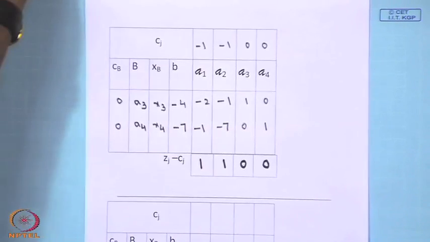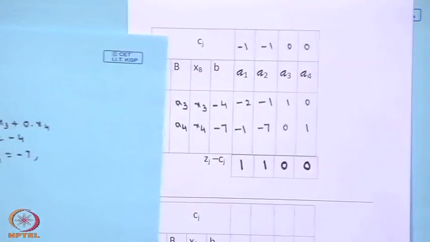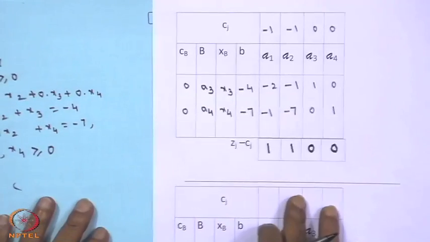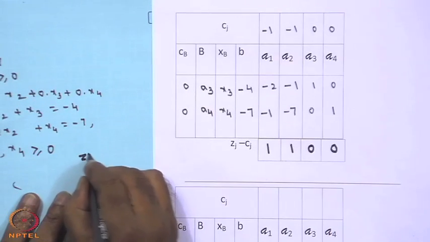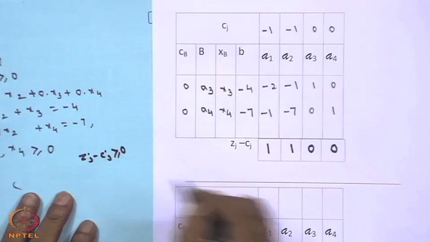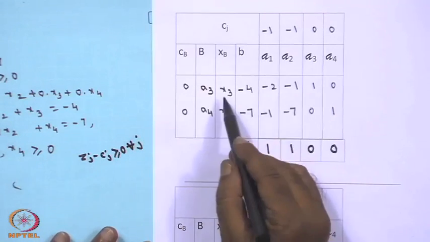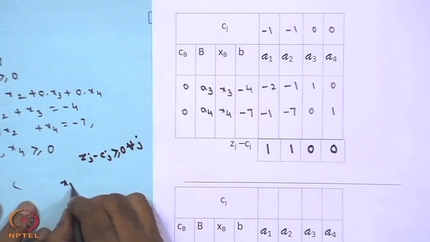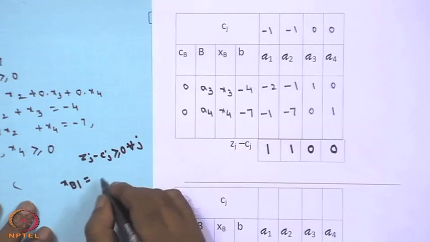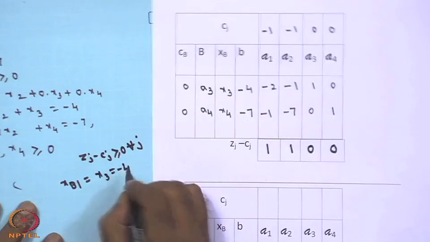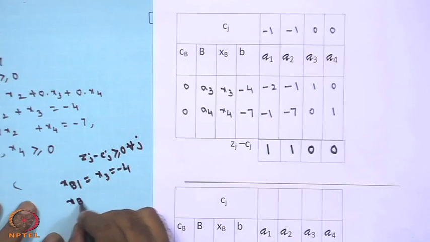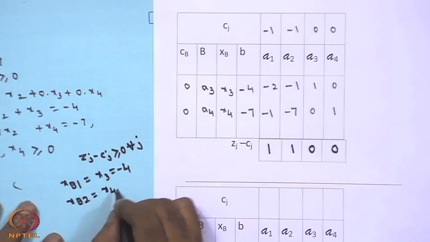Now, if you see here, your Zj minus Cj is greater than or equal to 0 for all j, but your xb1 is x3, which equals minus 4, and xb2 is x4, which equals minus 7.